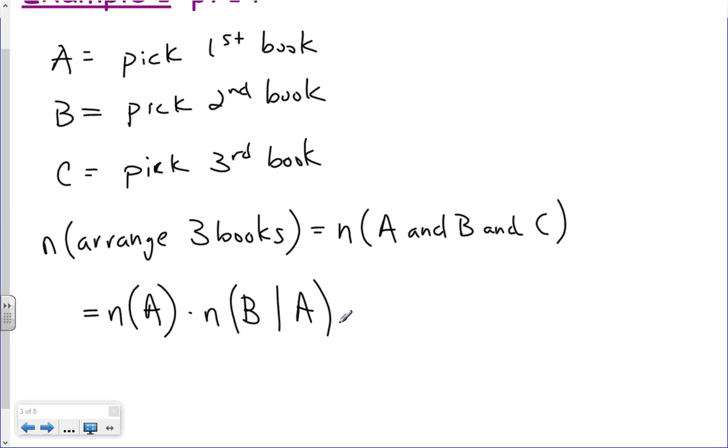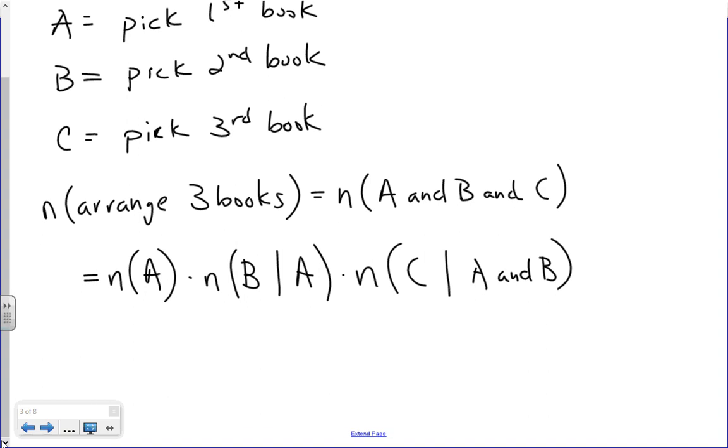And then finally, you have to pick a third book. That's the number of ways of choosing that last book, given that I've already picked books 1 and 2, given that A and B have already occurred.